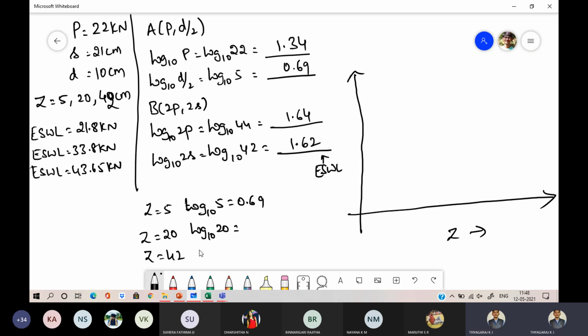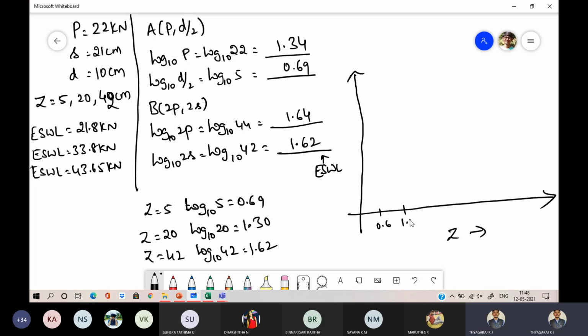Z is equal to 42, log 10 42, calculate the value. Check how much you are going to get. Log 20, 1.3, sir. 1.30. Then log 42, 1.62.